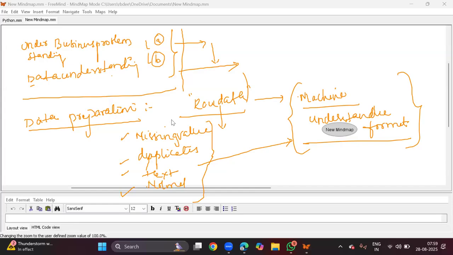So the missing values, the duplicates, the text data, the normal data, everything should be prepared properly, and then you pass it to a machine learning algorithm, the next step. Otherwise, the machine cannot understand.